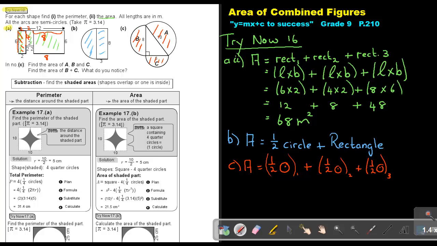Now just remember, this one's radius is 4, this one's radius is 3, and this one's radius is 5. And then what is in the middle? It's a triangle. So plus the triangle. And that's how I will work out the area of the number C.